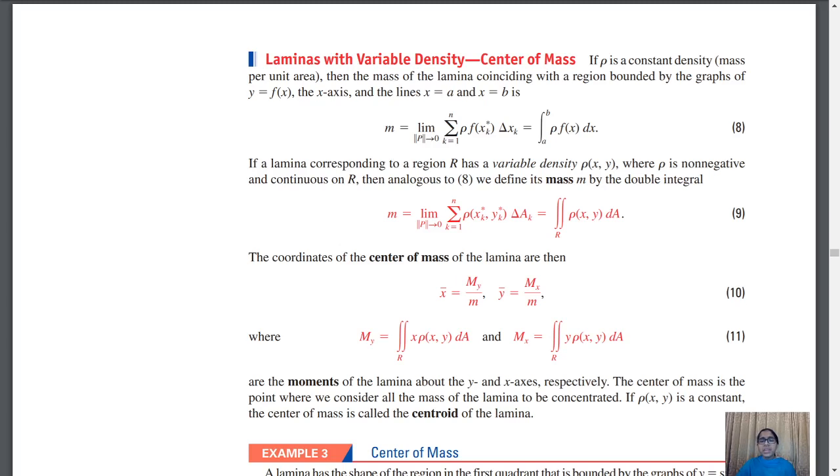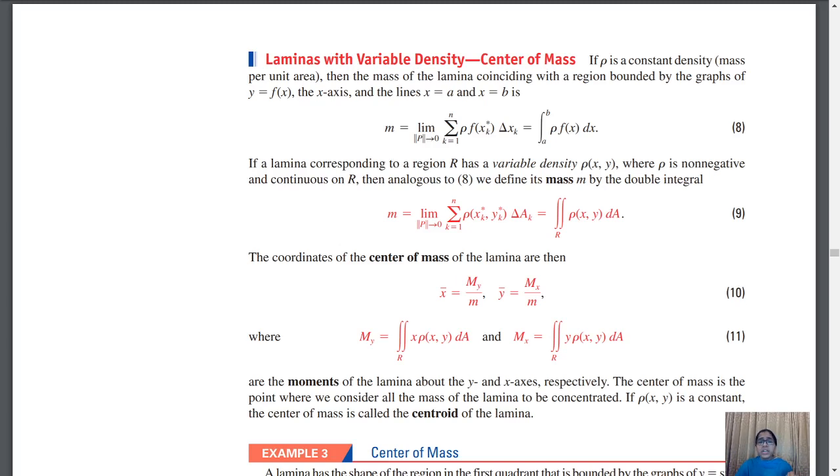Then the mass is again given by the formula m is equal to limit norm P tends to 0 summation k equal to 1 to n of rho of xk star, yk star into delta Ak. Here, instead of some other function, we are considering the density function itself, and this is nothing but the double integral over R of rho of x comma y dA. That is where the double integral comes into the picture.